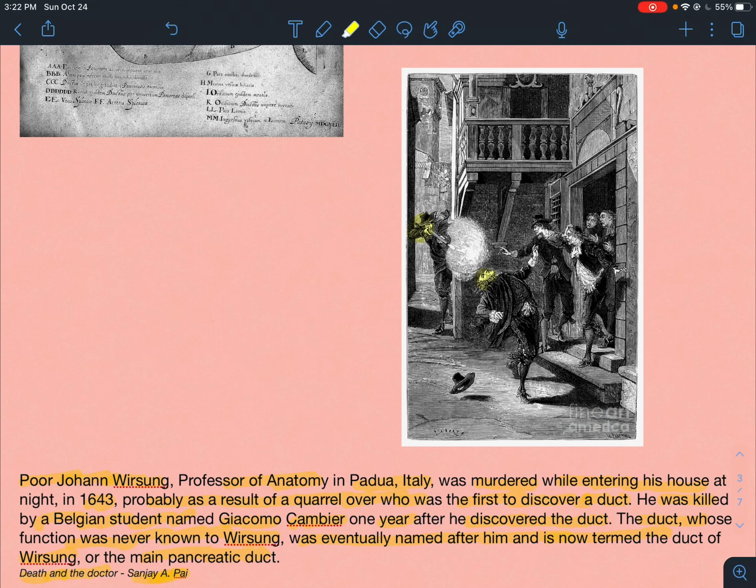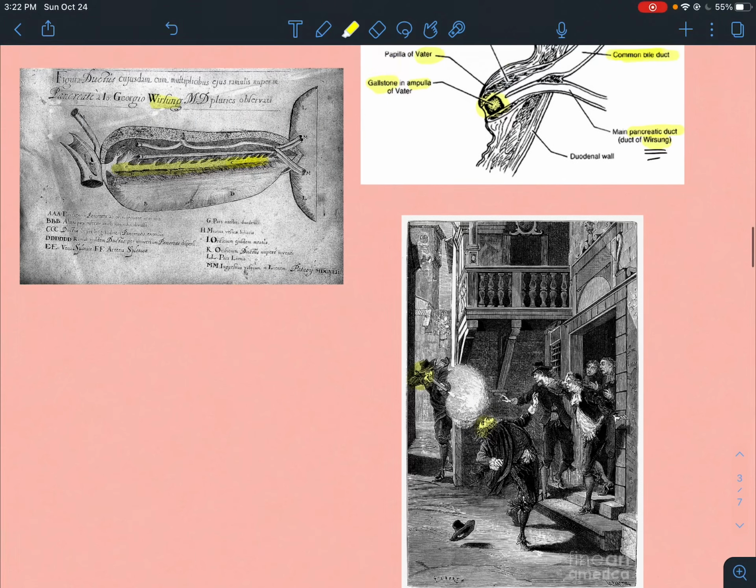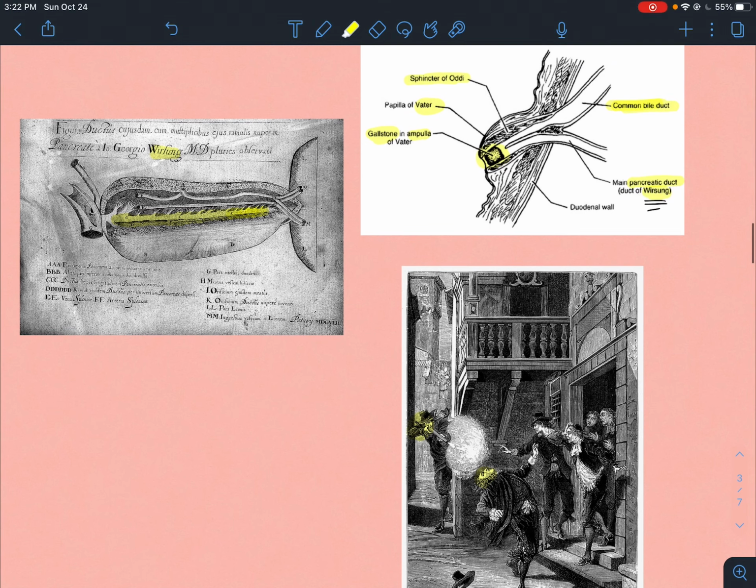Luckily nowadays, we don't name new discoveries so much after somebody's name, rather we use the function of the structure for the name. And hopefully this little story will help you to never forget the pancreatic duct of Wirsung.